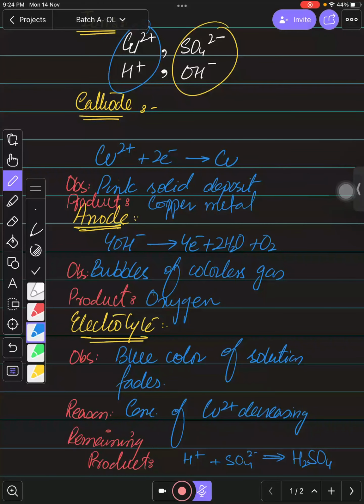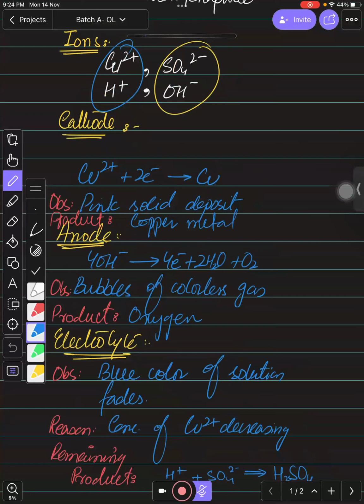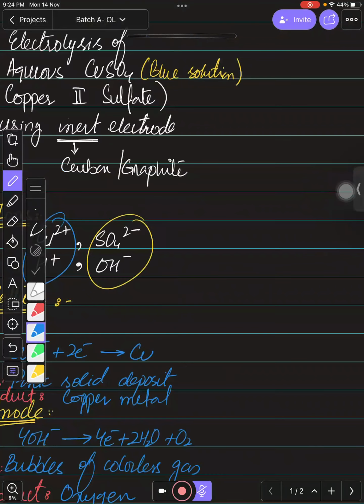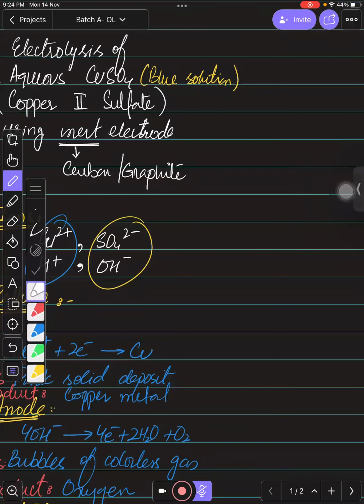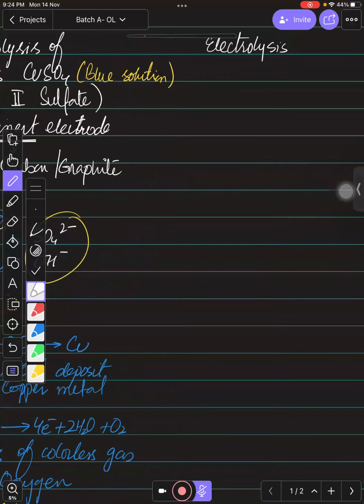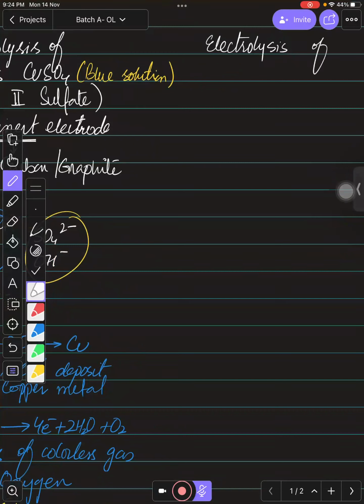Yes, sir. Okay, so now what is the new thing we have to do, bachcho? It is again electrolysis, again the electrolysis of aqueous copper sulfate. The name is again the same, copper sulfate.